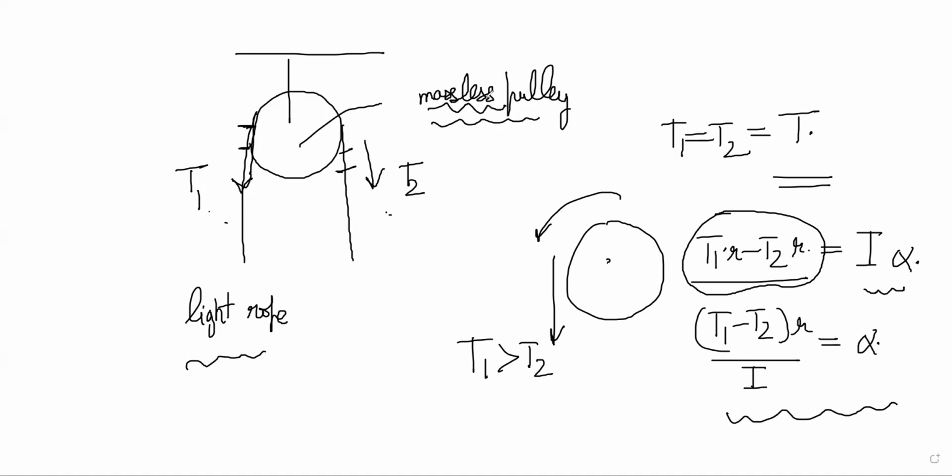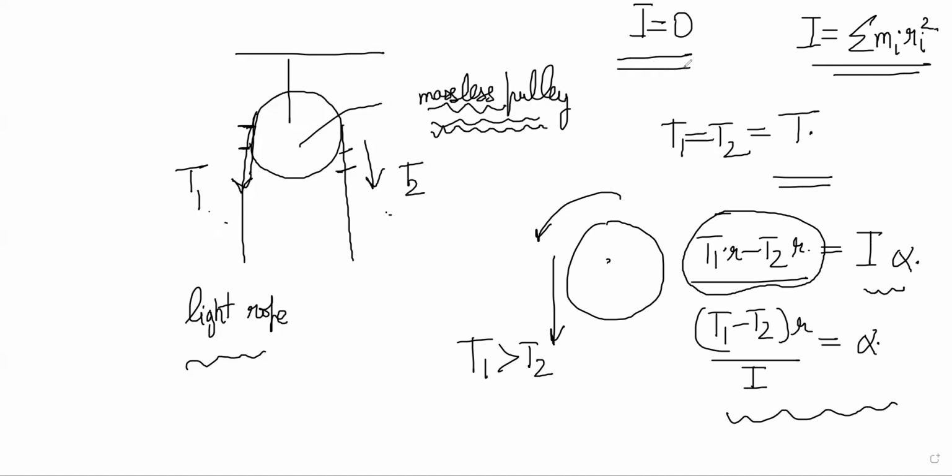But if the pulley was massless, the moment of inertia of the pulley is 0, because usually moment of inertia is defined as the sum of m_i r_i squared, right? We will discuss these concepts in much more detail later in the rotational mechanics part of the course. For now, don't worry about the details so much, but realize that moment of inertia depends on mass. And if the moment of inertia of a massless pulley is being calculated, it has to be 0.